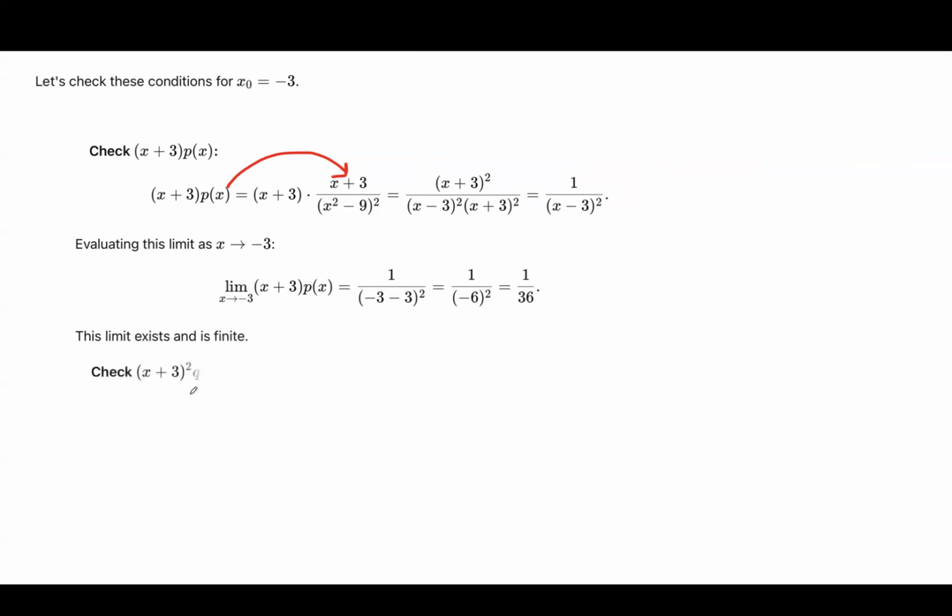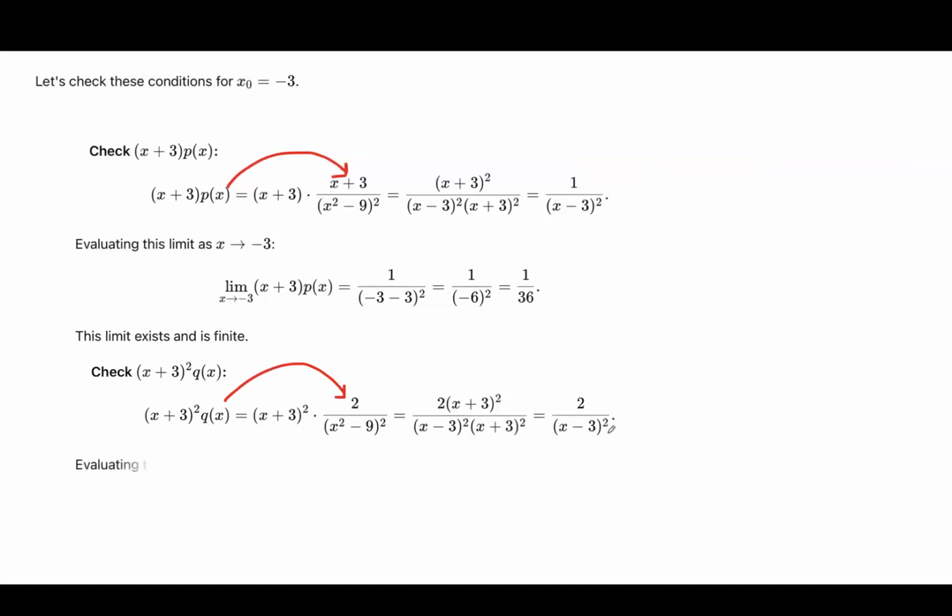Now, let us multiply the quadratic expression by q of x and find the limit as x goes to -3. So (x plus 3) to the power 2 times q of x, but remember q of x was 2 divided by (x squared minus 9) to the power 2. You can simplify this further and you end up with 2 divided by (x minus 3) to the power 2.